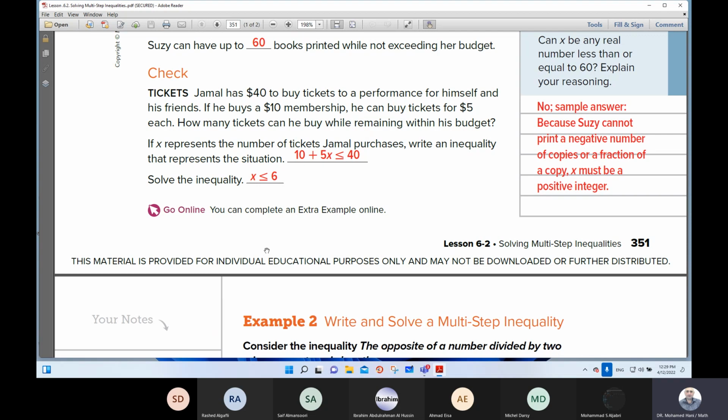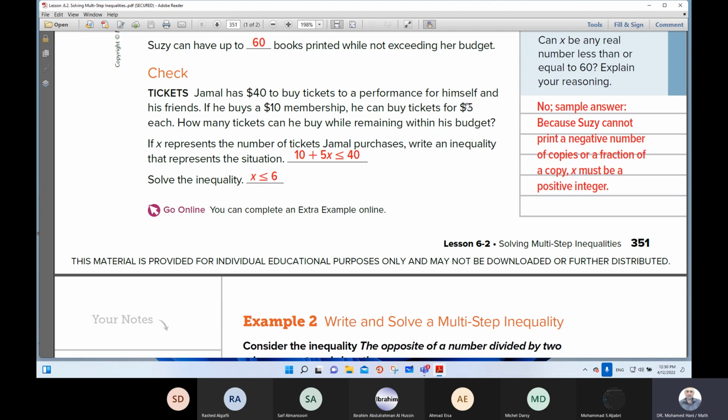Right. We want to represent the variable first. If x represents the number of tickets Jamal purchases, write an inequality that represents the situation. The total amount is 40.